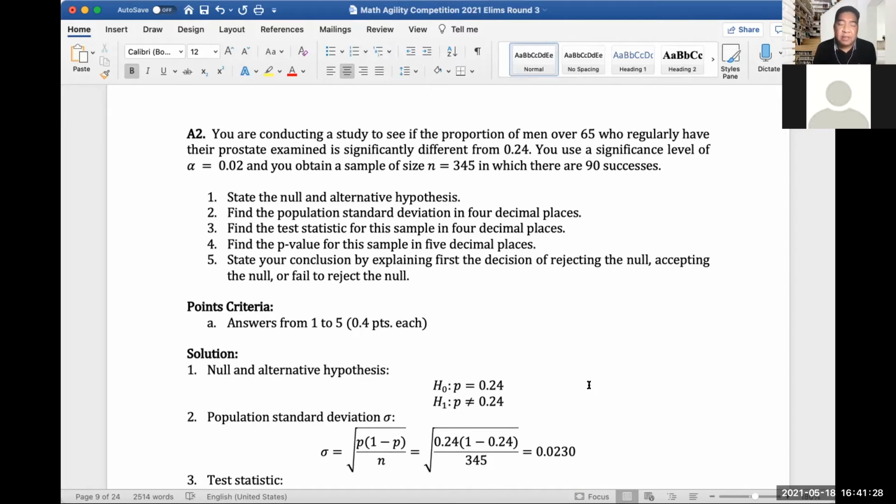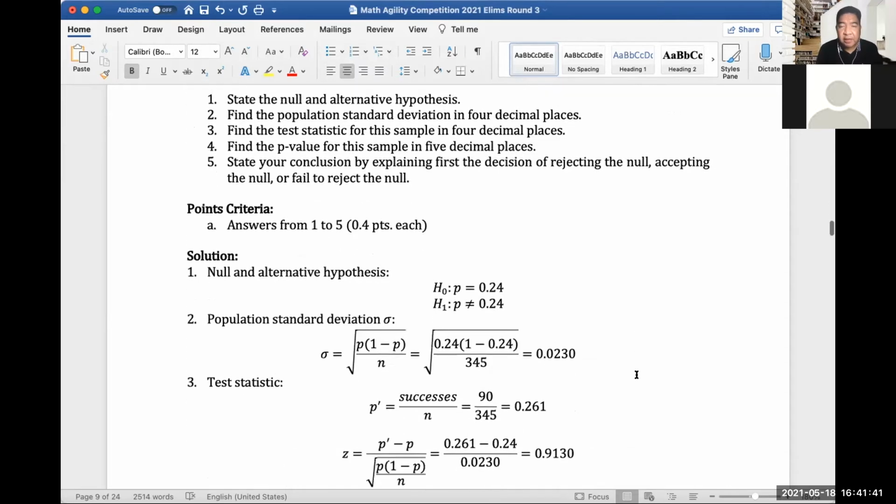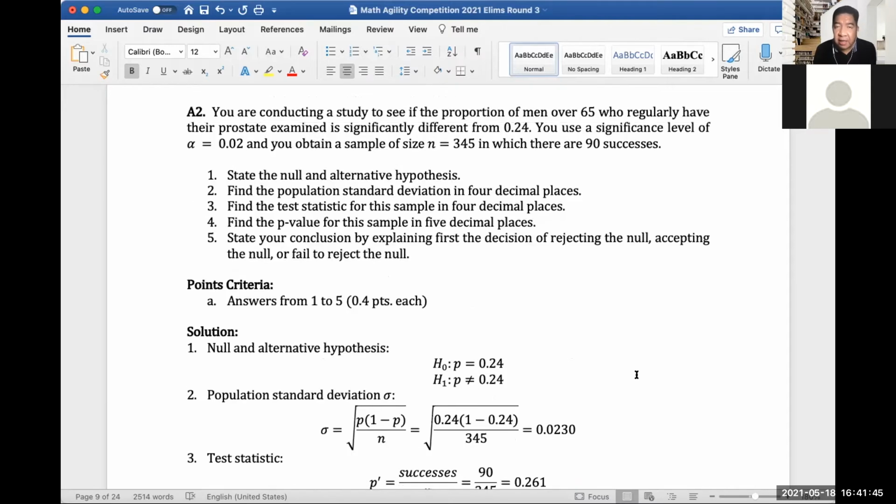So the first requirement is to state the null and alternative hypothesis. It's always that our null hypothesis would use the equality sign. And the claim here is that the prostate examination proportion is significantly different from 0.24.